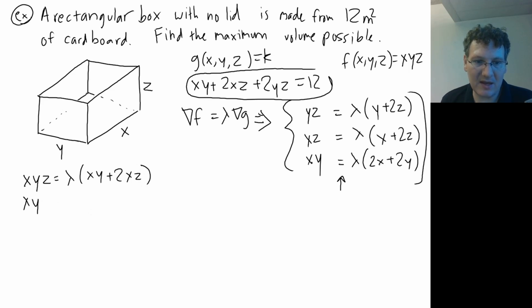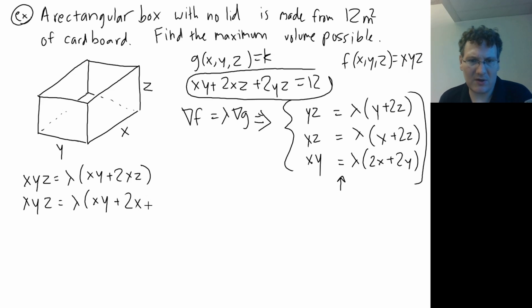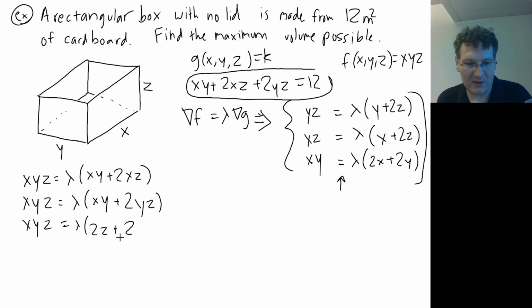For the second equation, multiplying through by y, we get xyz equals lambda times xy plus 2yz. For the third one, multiplying by z, we have xyz equals lambda times 2xz plus 2yz.